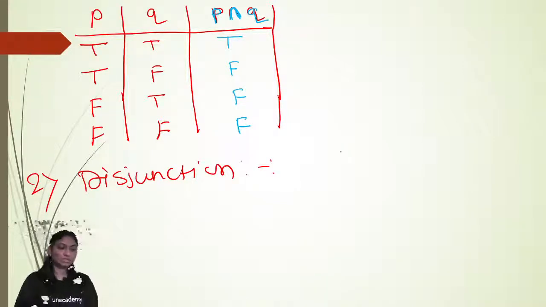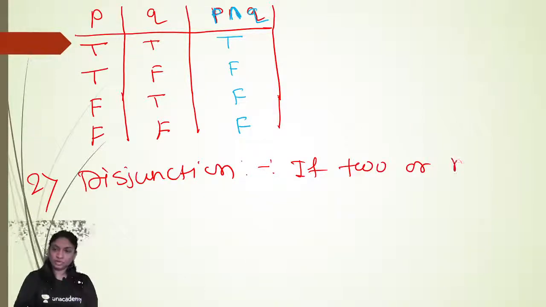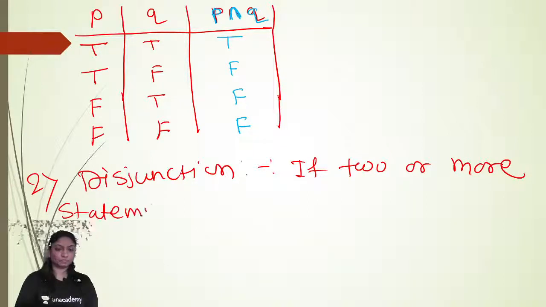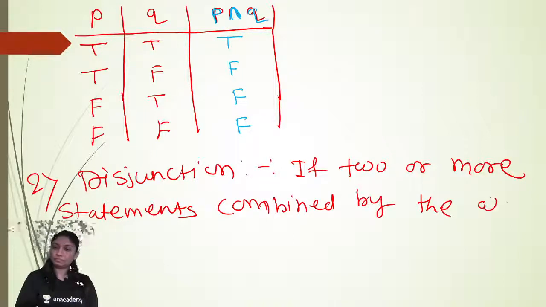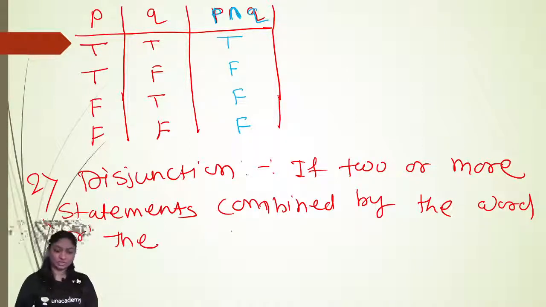If two or more statements are combined by the word or, the compound statement is called a disjunction.